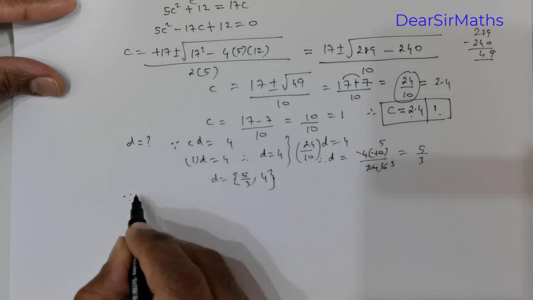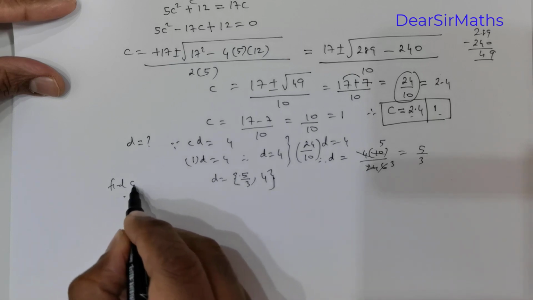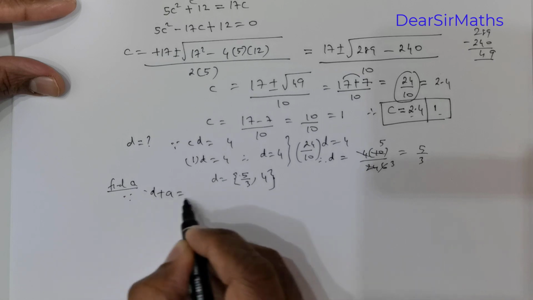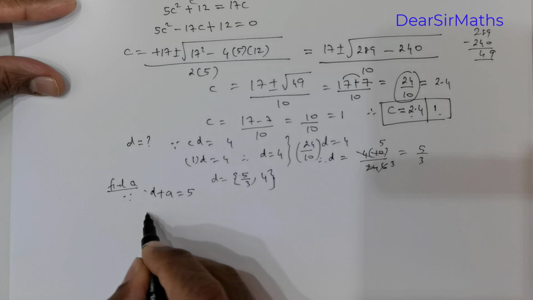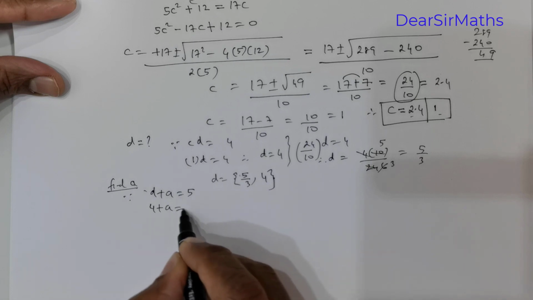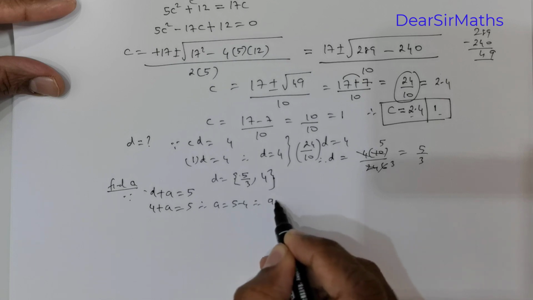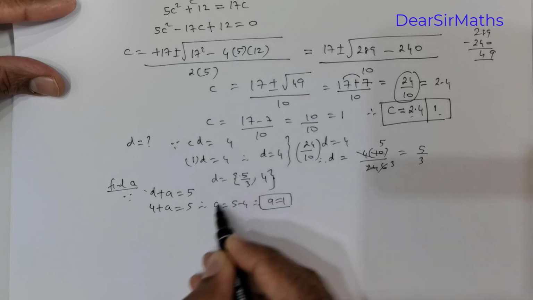Now let me use this to calculate A, right? We know that D plus A, it's given in the system, is equal to 5. Now if we were to use 4 here, this would mean A is equal to 5 minus 4, therefore A is equal to 1. This is one value.